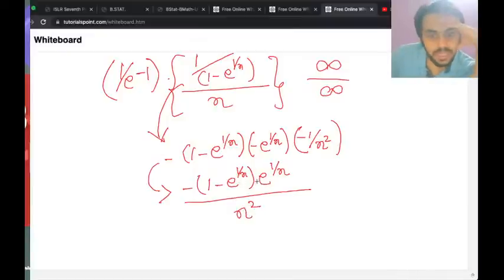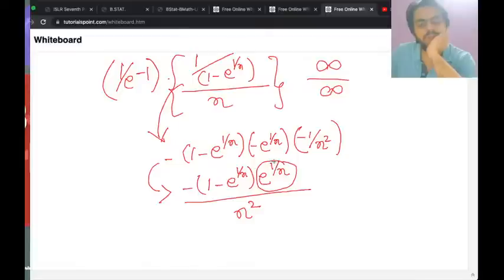Let me write over here. So again, this is going to be 1 by 0, this is 1. This will tend towards 1, 1 by infinity is 0, so e to the power 0 is 1.